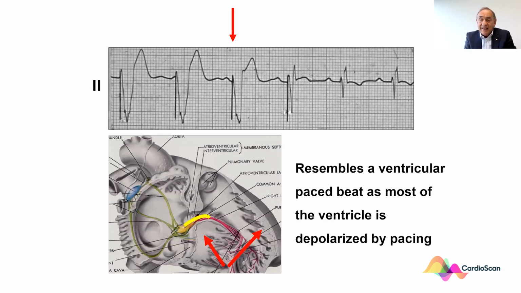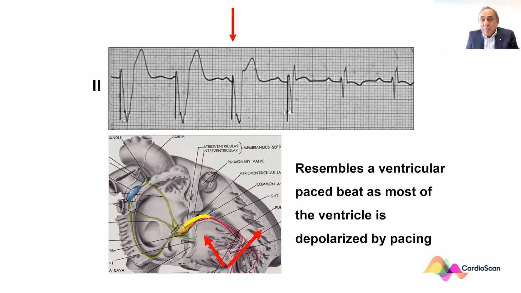Let's look again at this complex. You can see that the fusion beat looks like the paced beat. This is because the pacemaker is beginning to depolarize the ventricle at the same time as the sinus beat is being transmitted through the His-Purkinje system.